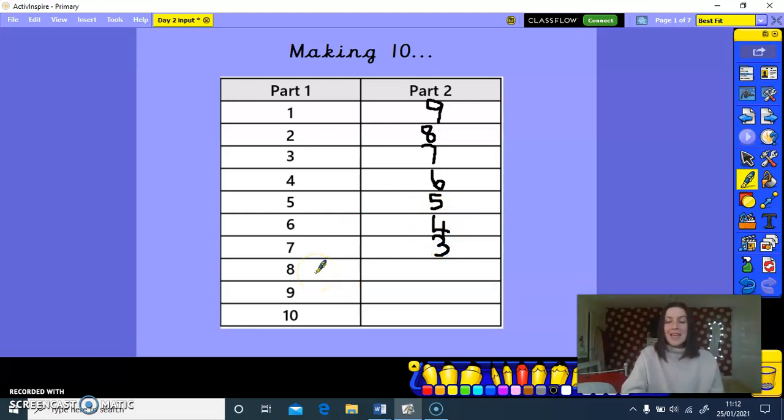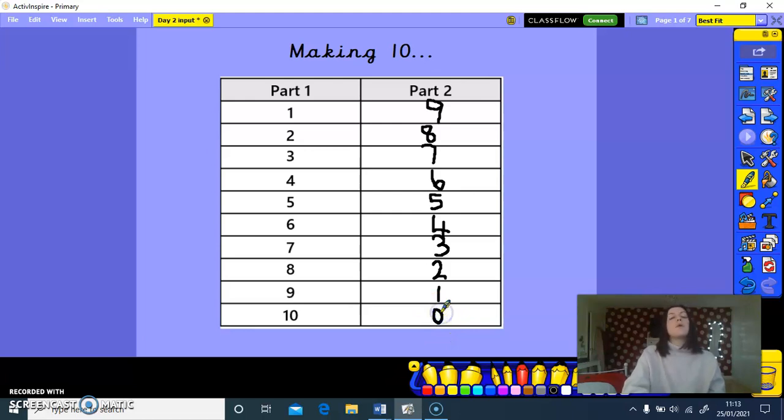What must I add to 8? 2. Fantastic. If one of my parts is 9, the other part is 1. Brilliant job. And last but not least, if I have 10 over here, what must be in this part over here? 0. Good job, because I already had 10.